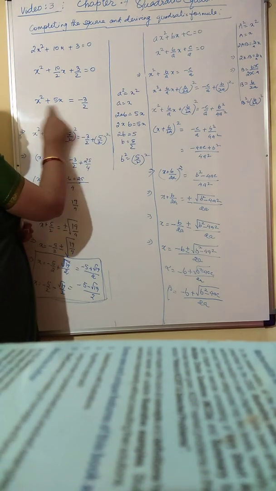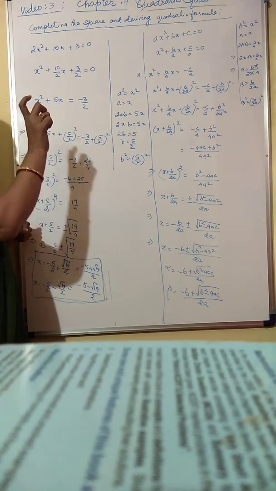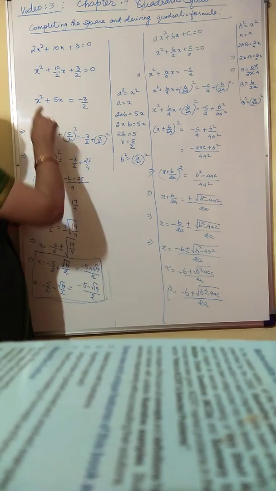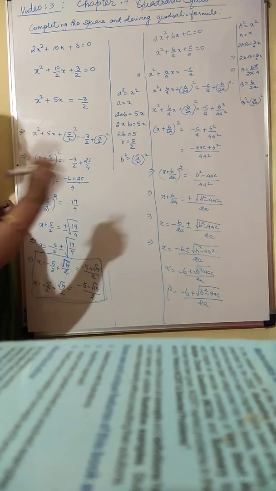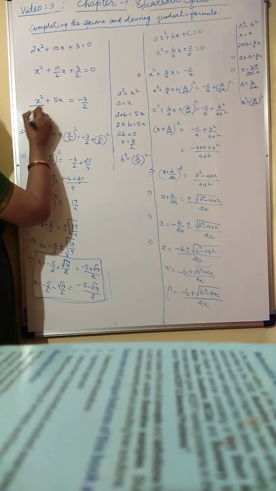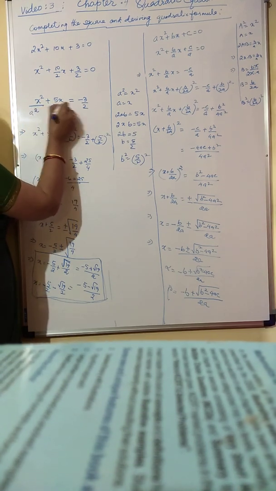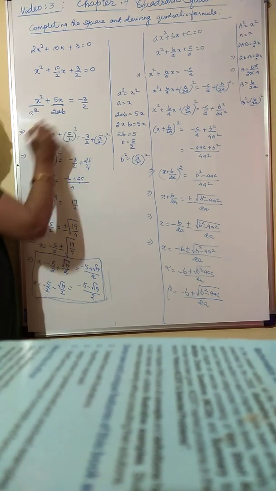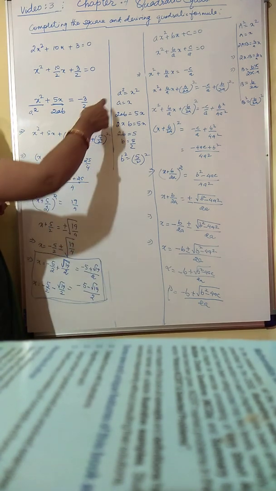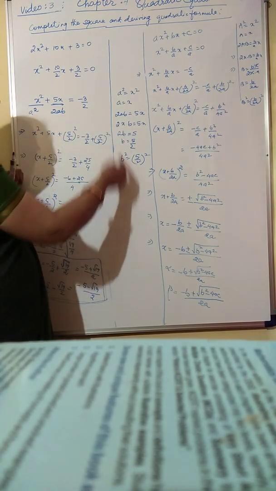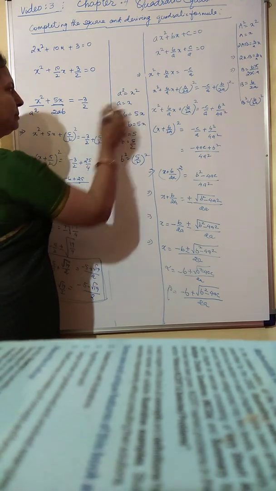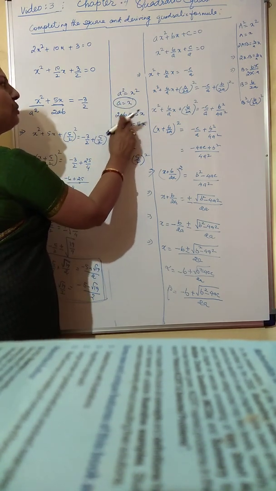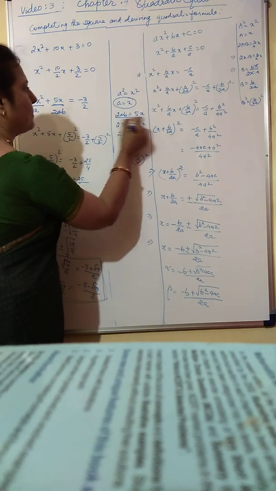Now you will see that on LHS there are 2 terms left. We always take the first term as a square and the second term as 2ab. In the rough space I have written this: a square equal to x square, so a equal to x; 2ab equal to 5x.